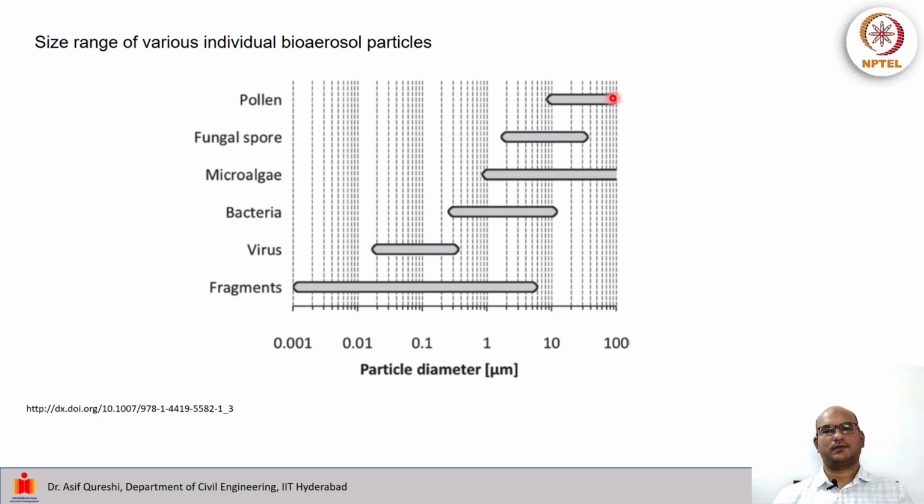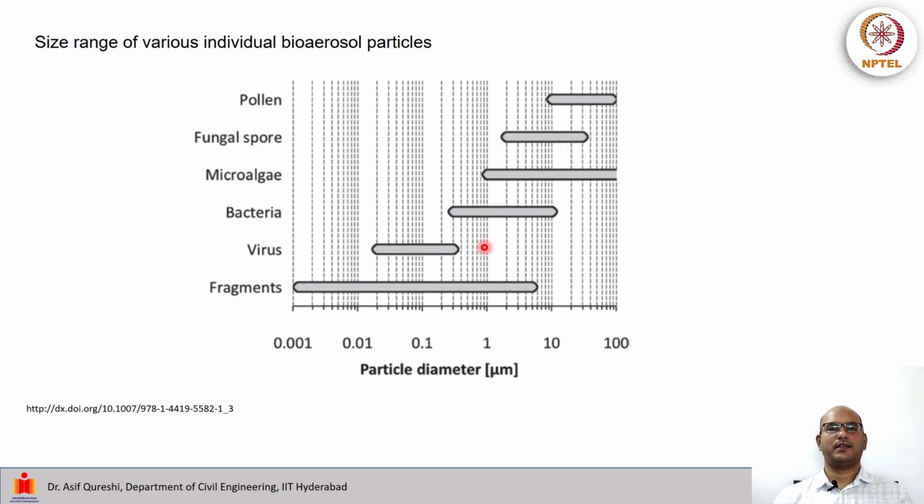Pollen can go around 100 to 10 micrometer size range. Fungal spores, which are here, can be between around 30 to 2 micrometer size ranges.